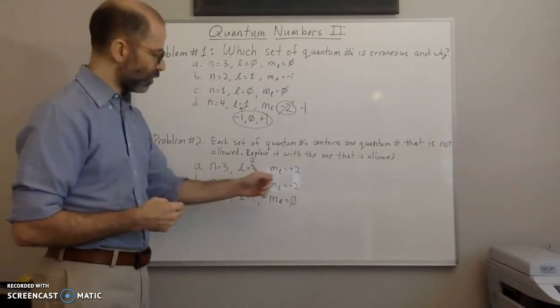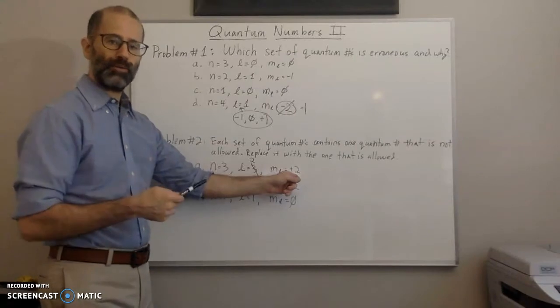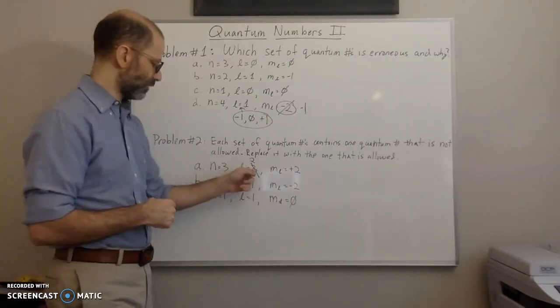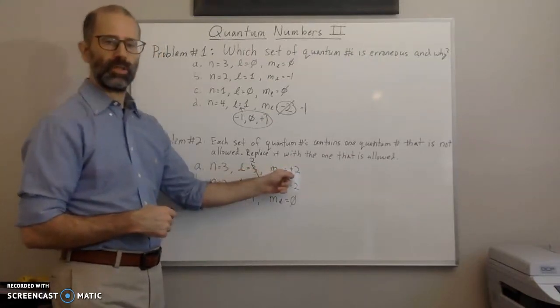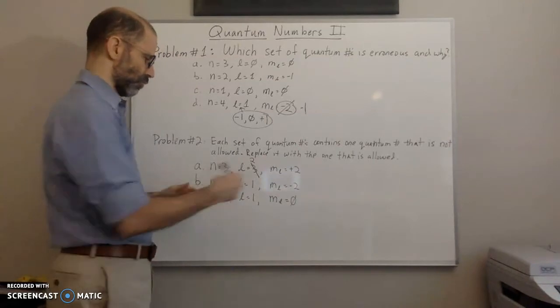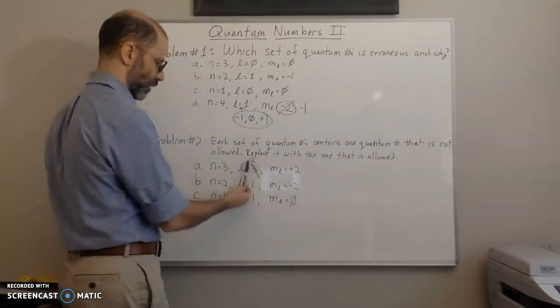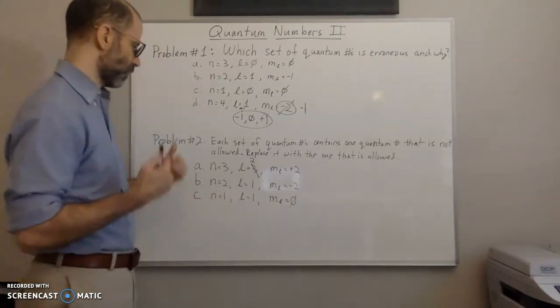Remember, you can only have a plus 2 if your L value is at least a 2. So you have to have a 2 here to have an m sub L value of plus 2, because the range would have to be plus 2 to minus 2. You only get that range when you have a 2 there. So this would fit. If we replace that with a 2, then we're good.